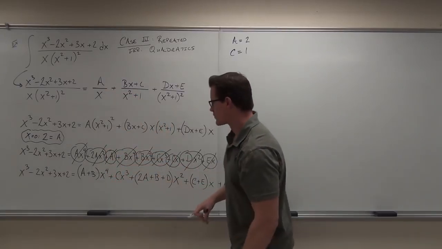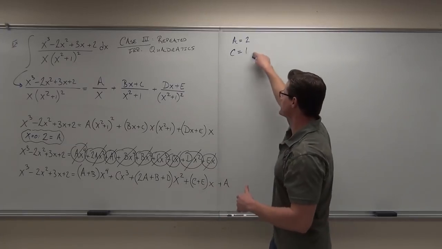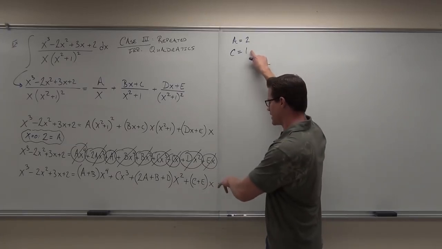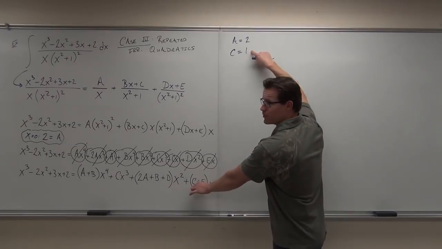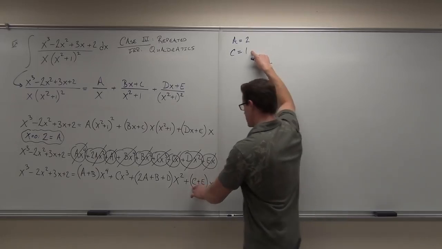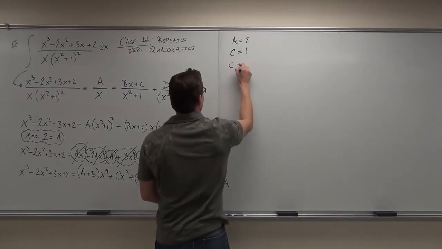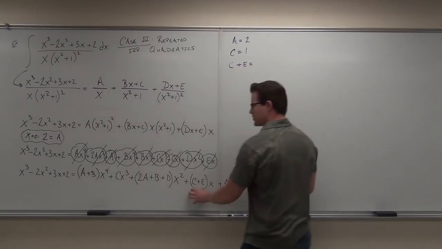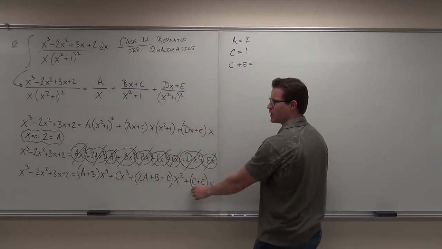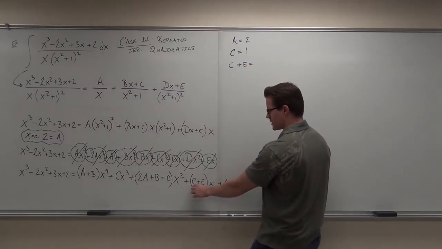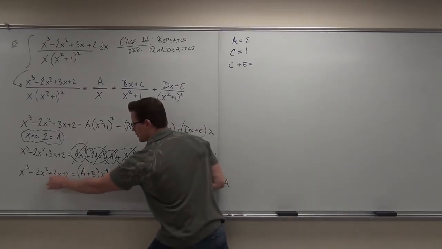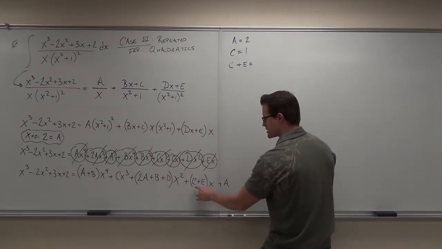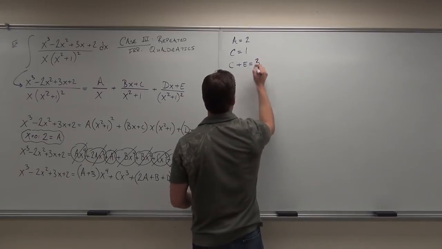Yeah. Then I start looking for stuff that's going to be easier after I come up with these basic ones. So A got 2, C got 1. If I see C and E, well, now I can figure out E really easily. Can you tell me what C plus E has to equal? C plus E has to equal what? 3. 3, sure. Here's my x. Coefficient is 3. Coefficient is C plus E. Therefore, C plus E has to equal 3.